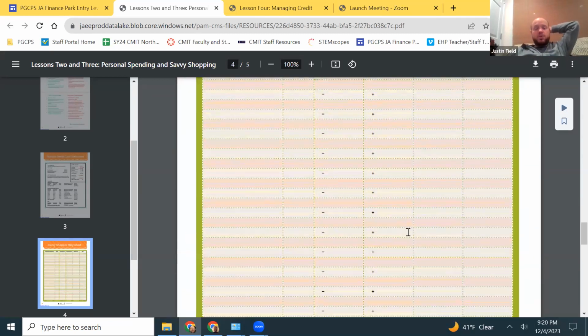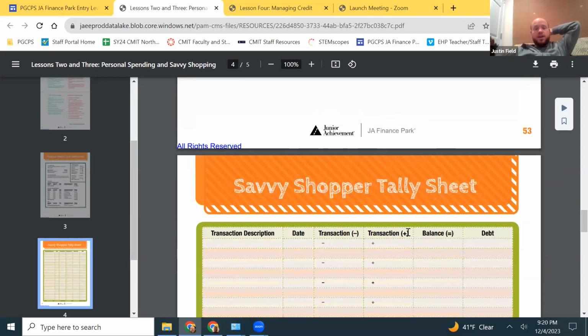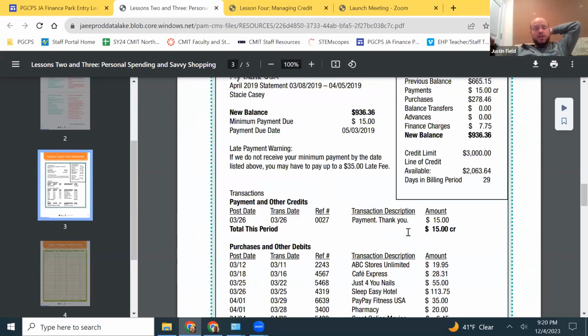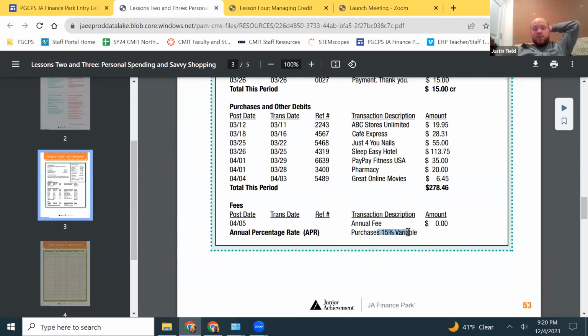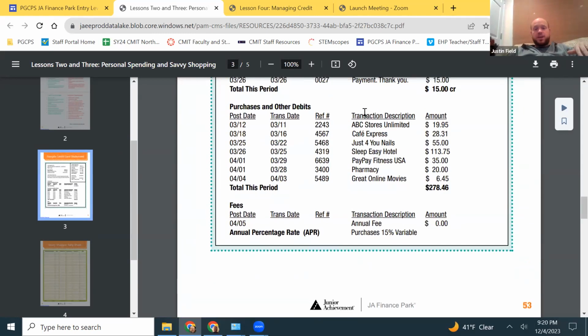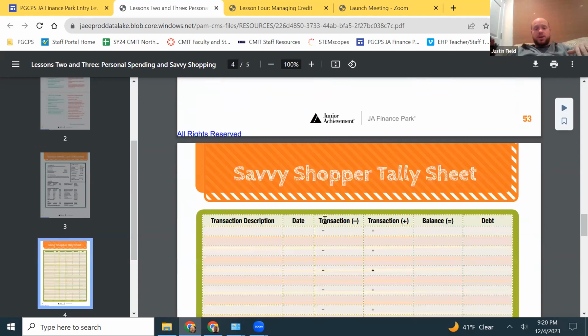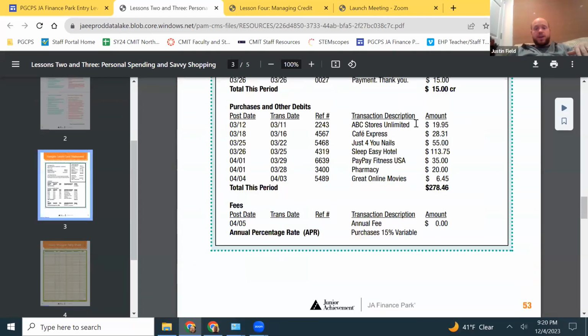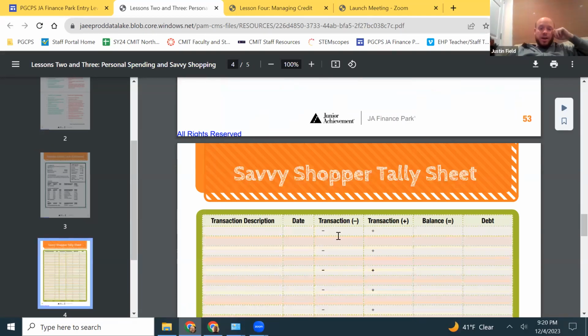So what you could do is take this statement, read it, and then try to fill in this sheet. The transaction description would be right here. The date, find the date, put that right there. And the transaction plus or minus, balance, and then the total debt.